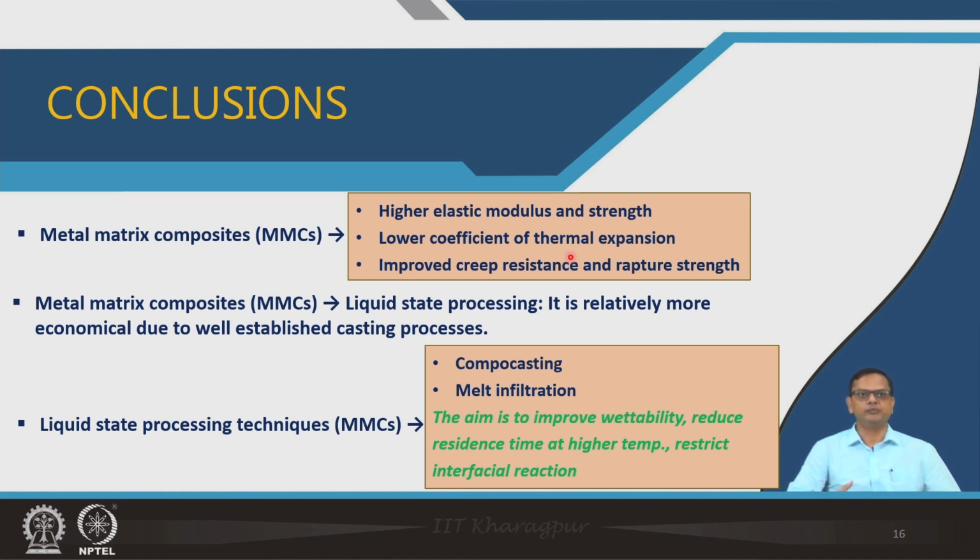Then we started talking about the synthesis of metal matrix composites, and today we talked about compo casting, where the melt is stirred and pre-treated ceramic reinforcements are added, and melt infiltration, where the sole aim is to improve wettability, reduce residence time at high temperature and restrict interfacial reaction.